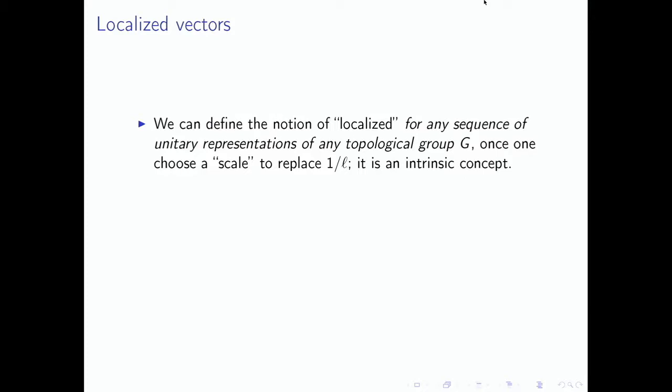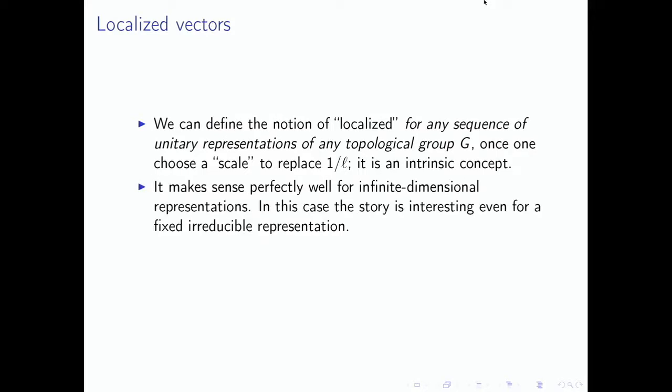All you need is the scale at which you require vectors to be an approximate eigenvector. It doesn't need to be finite dimensional either. I just wrote down the definition. That definition requires very little to make sense. It just requires some notion of a norm. So you look at unitary representations that come with an inner product. But that's all. It doesn't have to be finite dimensional.